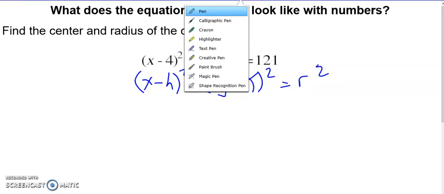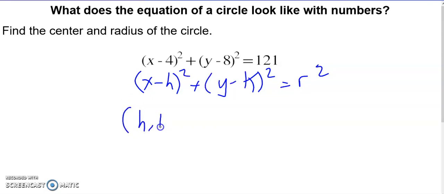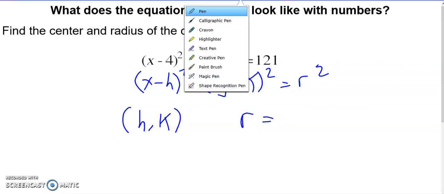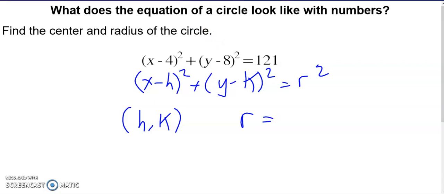The center of my circle is located at the point (h, k), and the radius is r. So how do we find those? H is the number in the parentheses with the x, but remember, we have to change that sign. K is in the parentheses with the y, and r comes from r squared.